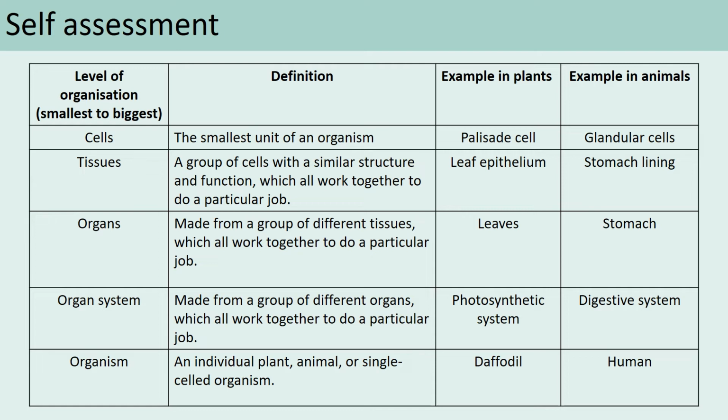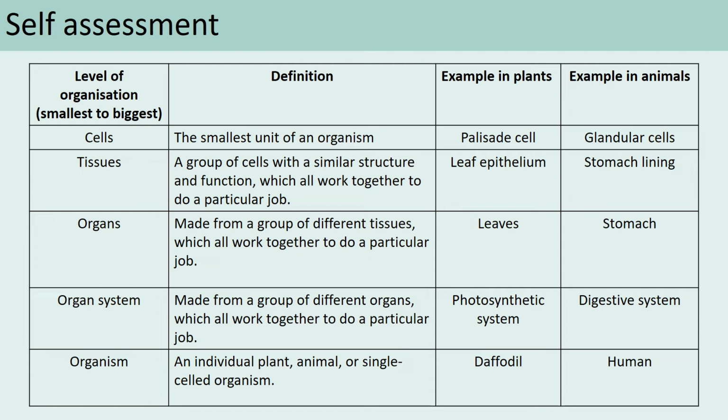For organ systems, they're made up of different organs that work together to do a particular job. So you can see how, as you go up each level of organization, they're all performing a job, but they're coming together to do an overall system. Example in plants are the photosynthetic system. So that is all to do with obviously photosynthesis, making that glucose for the plant.